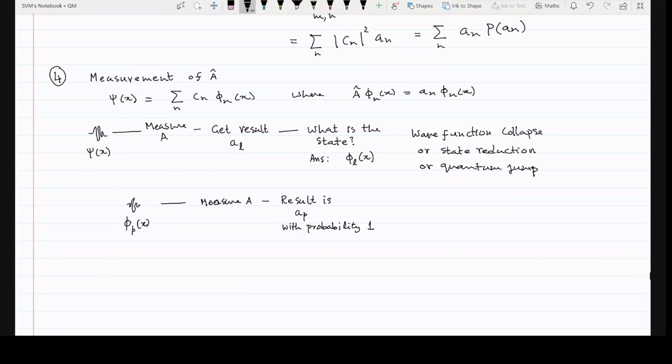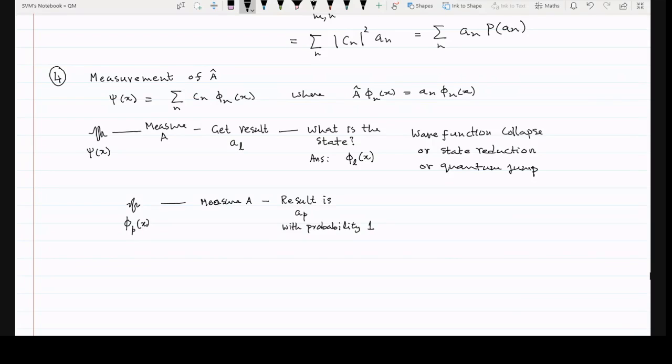What is this AP? AP is the eigenvalue corresponding to this eigenfunction phi p. Imagine that you have a meter here, and the quantum system coming to this measurement apparatus is in an eigenstate of the operator you are measuring. Then the eigenvalue of that eigenstate will come as the result.